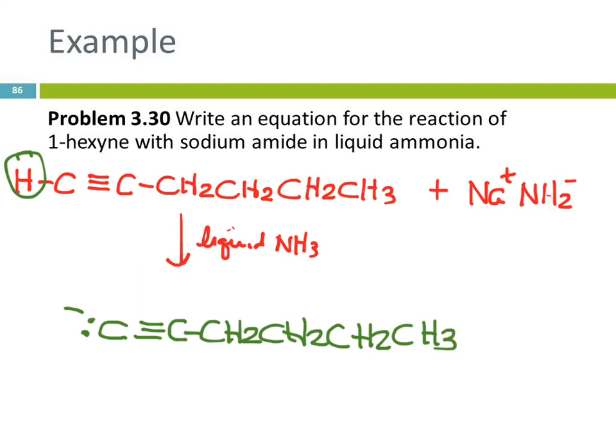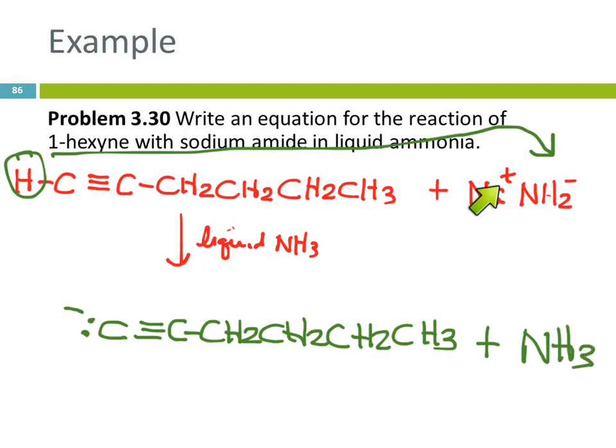This hydrogen comes over here. So we're going to get NH3, which is happier. And this sodium ion is going to come over and balance the charge on this negative ion here.